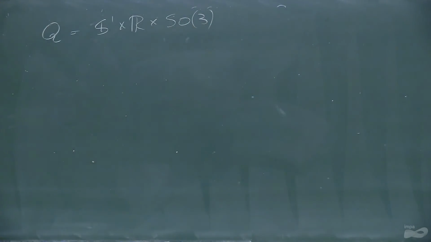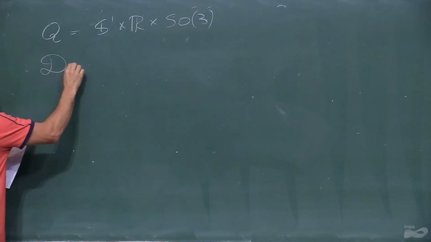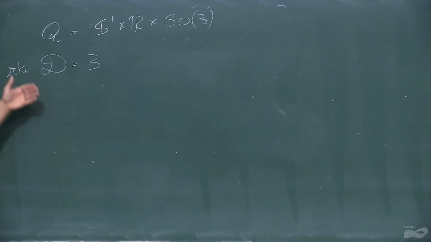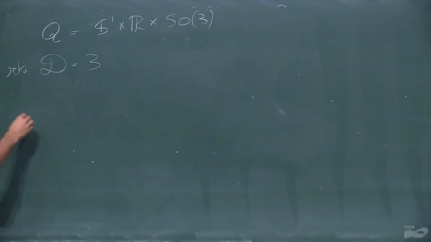Okay. The distribution has dimension free, rank free. I don't want to write it explicitly, but the constraint is the non-rolling constraint. So it involves 2 conditions. The tangent space has dimension 5, so we go to dimension 3. So our phase space has dimension 8.